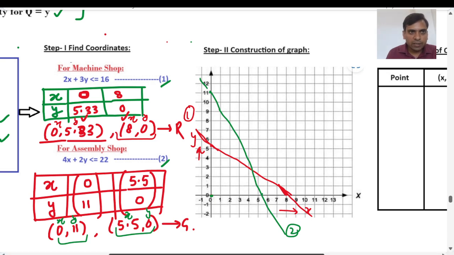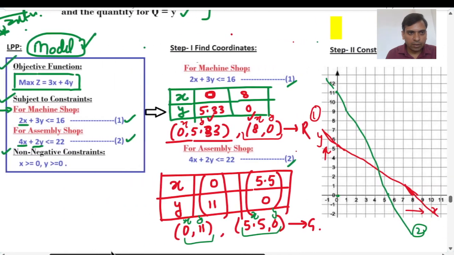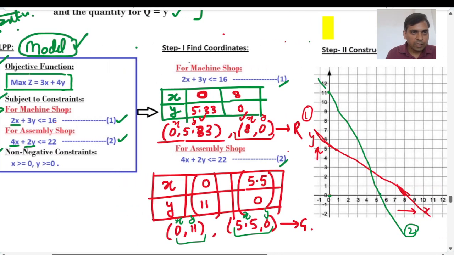Now we will shade the region. So to shade the region, the first constraint is this, less than 16. Less than 16 means we may use either 16, or less than 16, meaning 15, 14, 13 up to 0, right?